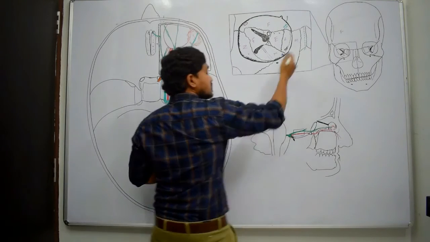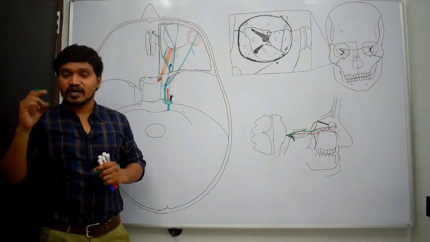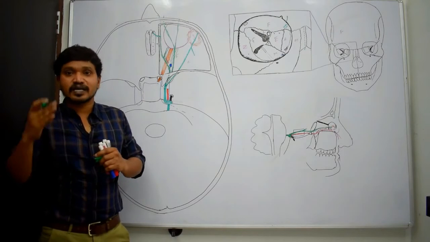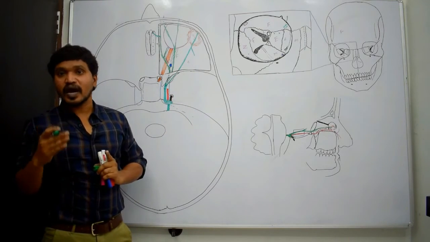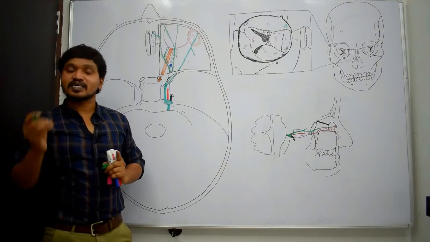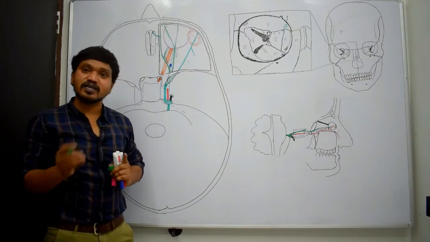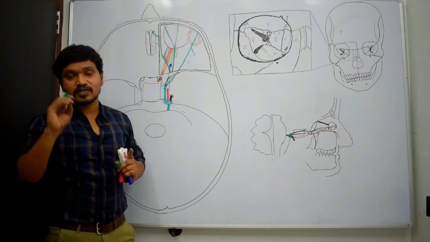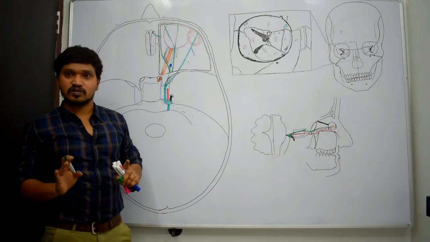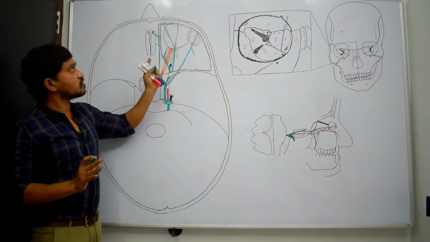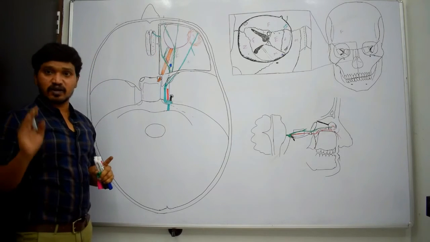Then it emerges below the lower border of the nasal bone, that means in between the nasal cartilage and the inferior border of the nasal bone, and it continues as the external nasal nerve. This external nasal nerve supplies the lower part of the nose, right? So that is about the anterior ethmoidal nerve.